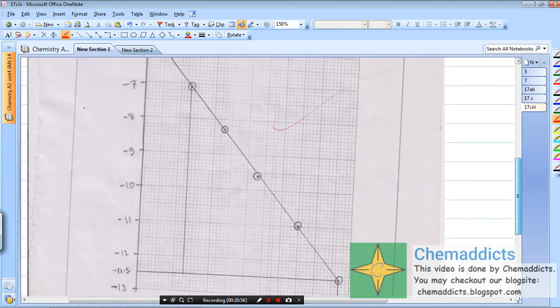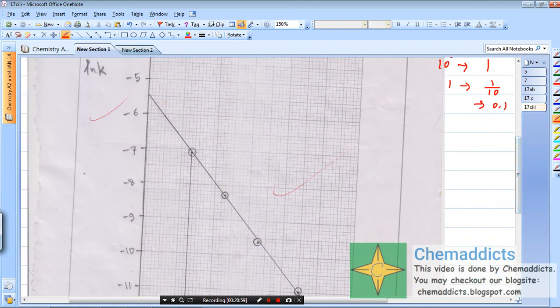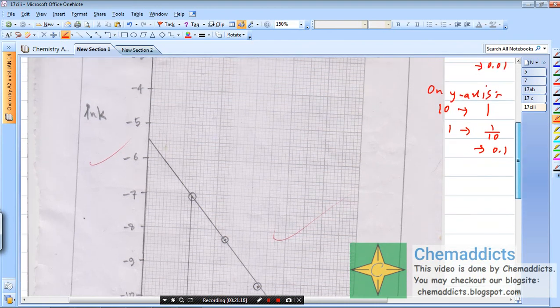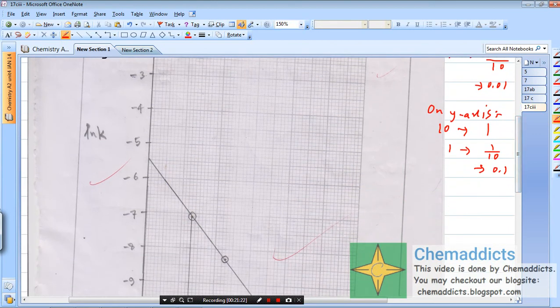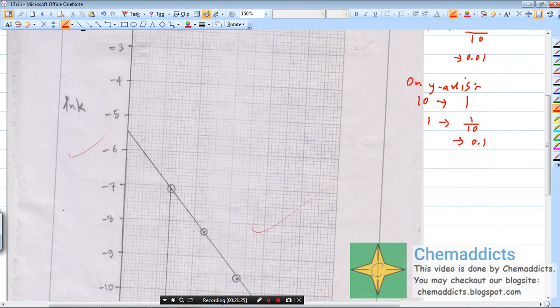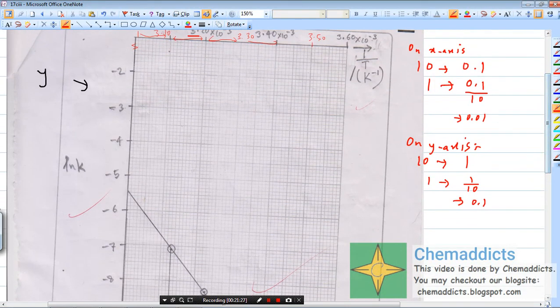So this is it. Now let us plot this graph. In here, the first point is 3.57 times 10 to the power minus 3 on the x-axis. So the first point should be 3.57. As we can see, on the x-axis the smallest division represents 0.01.